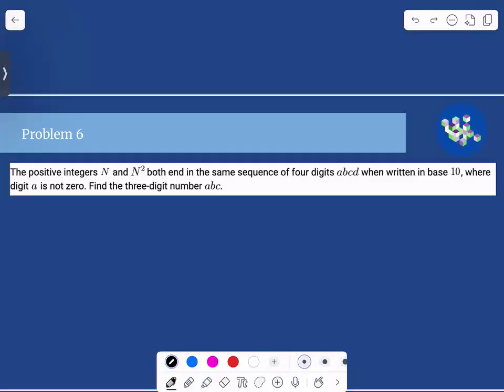So by the Chinese remainder theorem, we can first of all note that n squared is congruent to n mod 16, and n squared is congruent to n mod 625. This is because n squared is congruent to n mod 10,000, and then we can split it into 16 and 625.